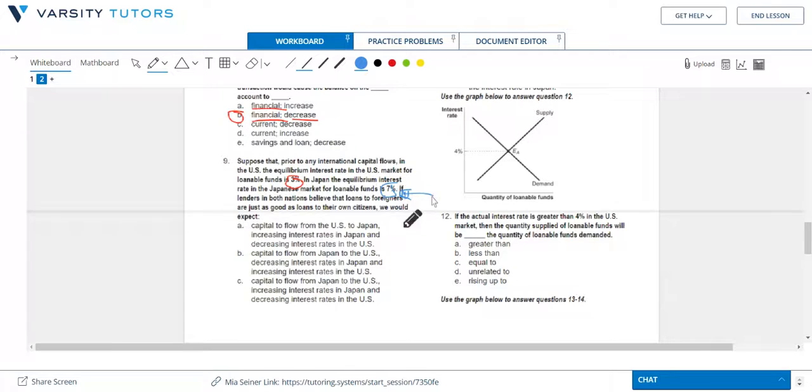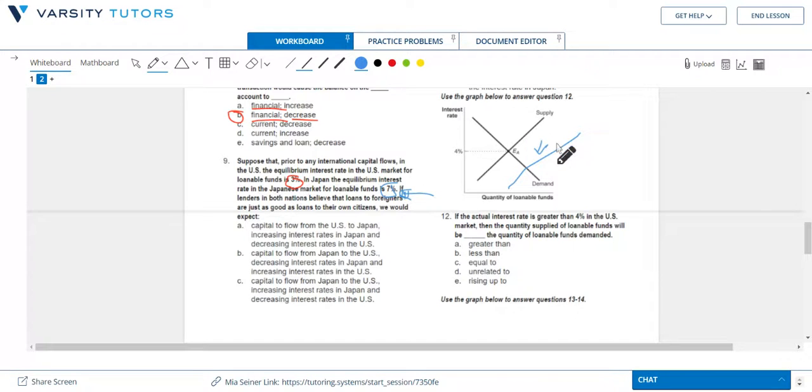I want that 7%. So we would expect capital to flow from the United States to Japan. And that will actually increase the supply of yen, so over time that would decrease interest rates in Japan.